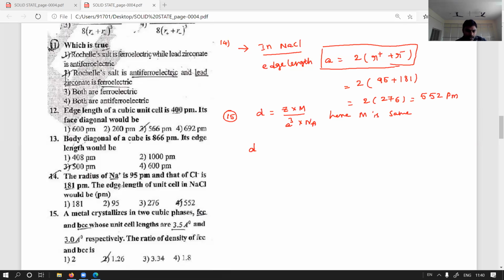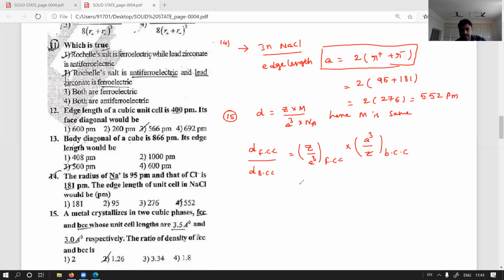So the density ratio of FCC by BCC is equal to, the M value will cancel, Z by a cube of FCC into a cube by Z of BCC.